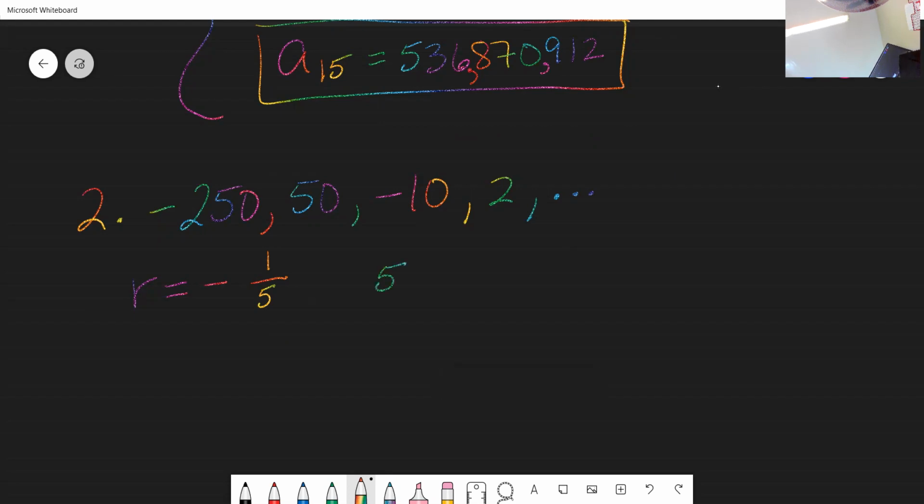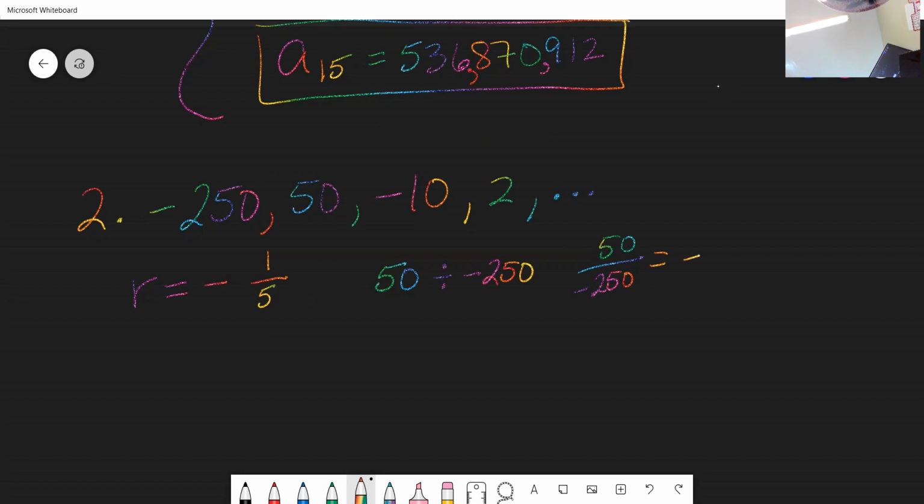So you take the term at position 2 and divide it by the term at position 1. Now, if I'm not using a calculator, I like to do these in fraction form. So I would put 50 divided by negative 250. Now, I know because I have a negative in my denominator, but not in my numerator, that my answer is going to be negative, right?